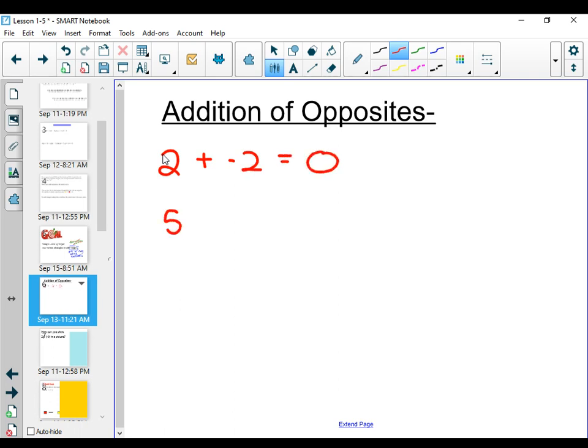If I have positive 5 and negative 5, I get 0. If I have negative 100 and I add 100, I get 0. So the same amount of positives and negatives are going to equal 0. Some people say that as canceling out. It doesn't necessarily mean canceling out. It just means the value you have is literally nothing.